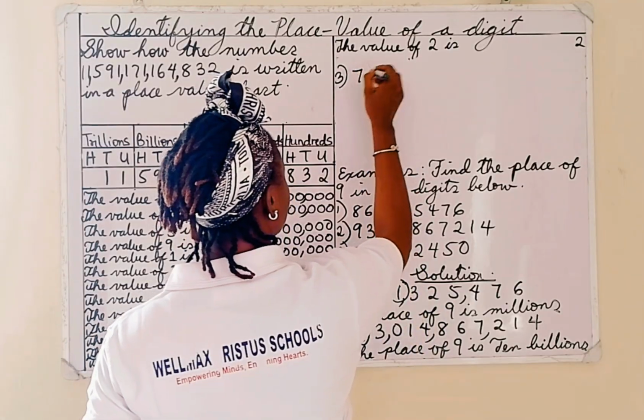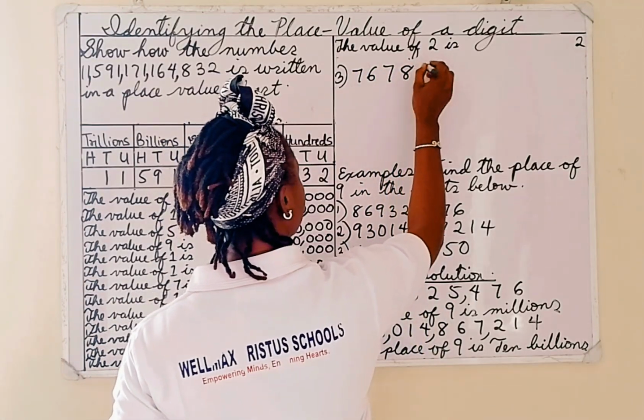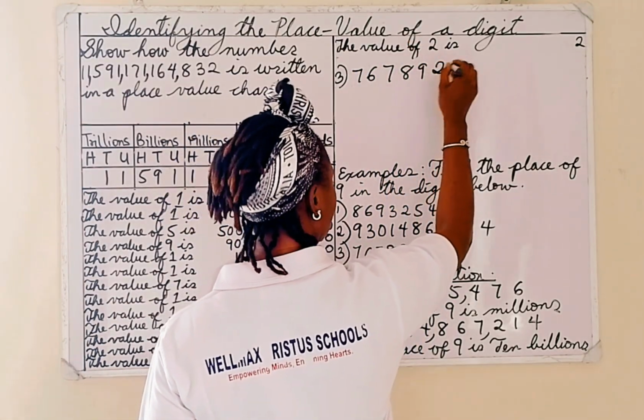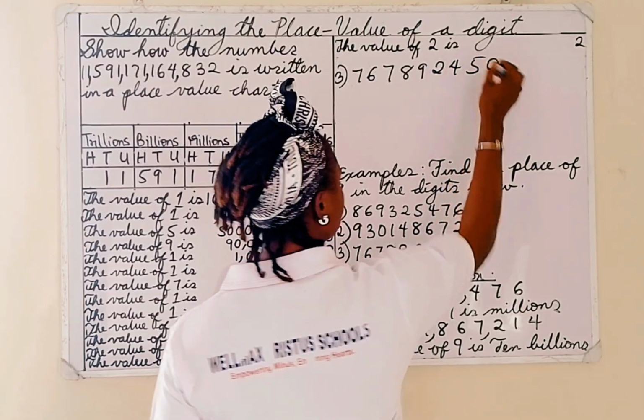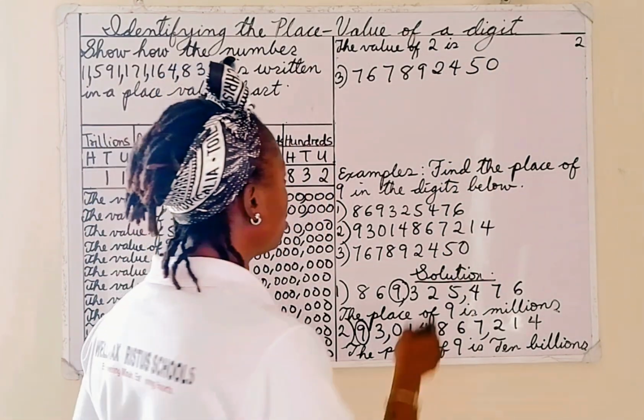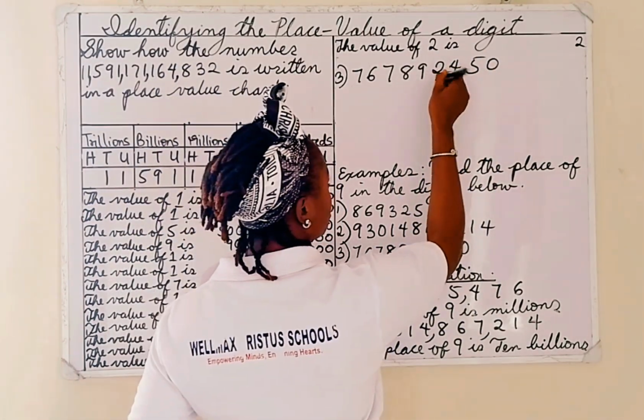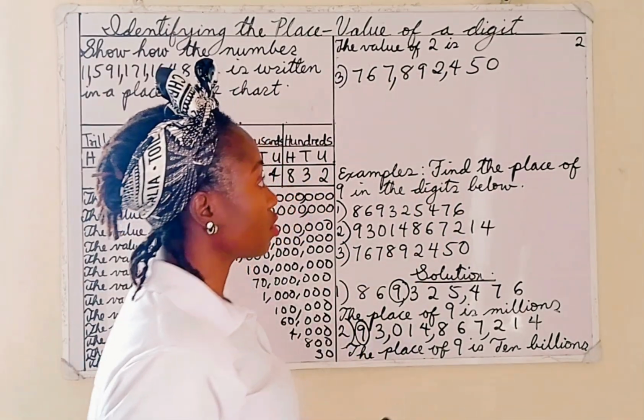So we have 7, 6, 7, 8, 9, 2, 4, 5, 0. We'll separate our numbers with commas first.